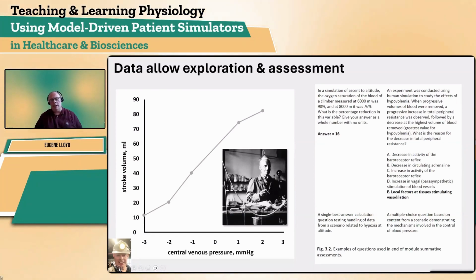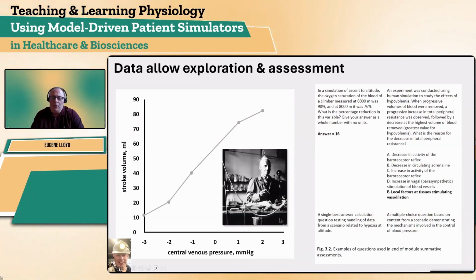One of the things that is really important in undergraduate education is face validity. They have to understand that what they're learning has relevance to their future practice. But we also have to ensure that it's included in their assessment, so there are questions on their exam papers that test the learning we've illustrated using the simulator.